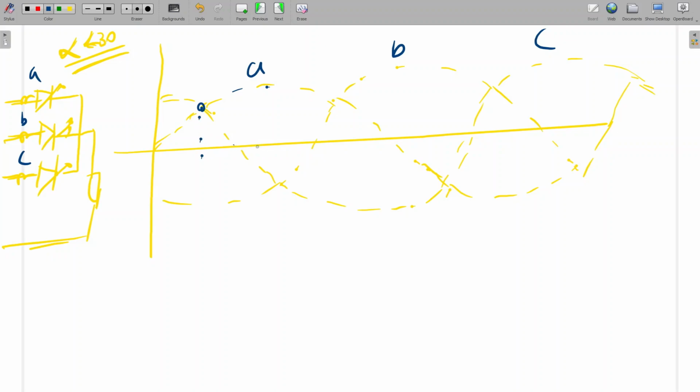If it goes greater than 30, what will happen? It will come into discontinuous conduction. So alpha, let's say I'm selecting here. Here it will take the A voltage. Again B. Again C. And 2 pi is up to here. This is 2 pi.